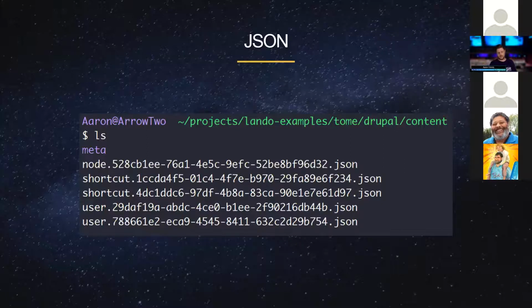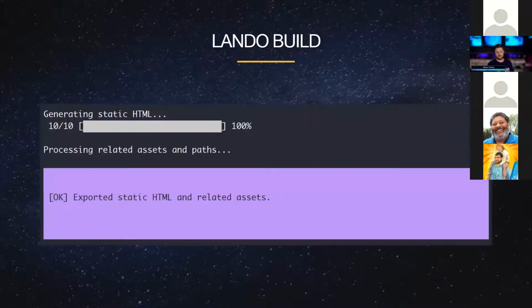So as soon as you save and publish that piece of content, it immediately creates a JSON file with all your content inside of it. And then in our example, I'll show you in a minute here, you can just type a single command, Lando build. Lando build actually will execute a drush command that comes with the Tome module that kicks off the generation of the HTML.